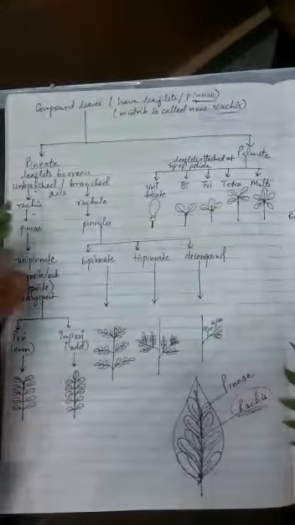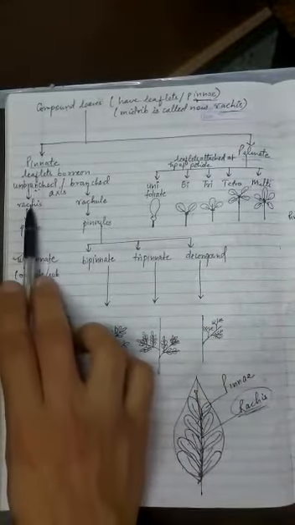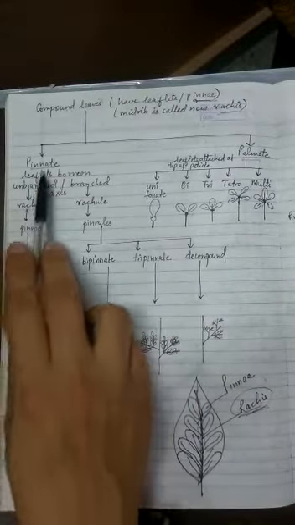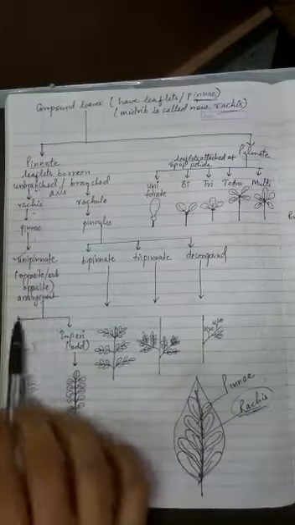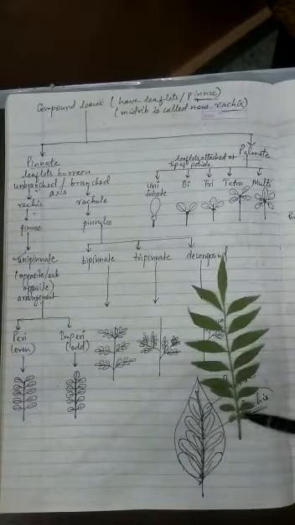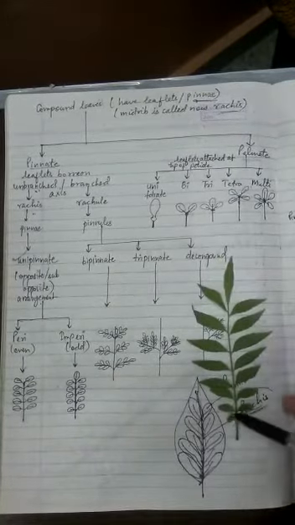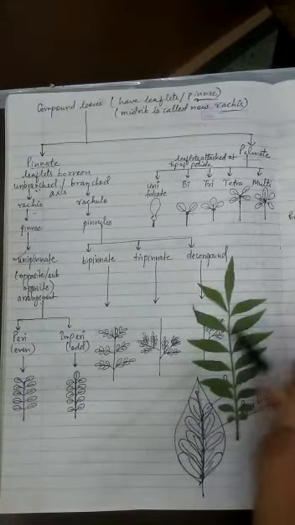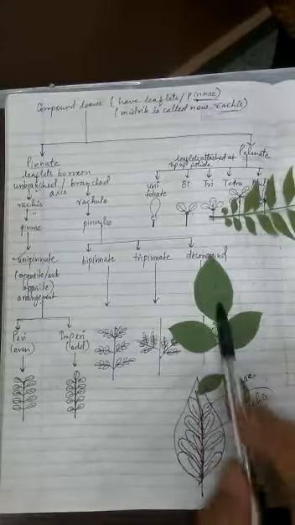Let me give you the understanding, it's very easy. When the pinnae are attached to an undivided rachis, it is called unipinnate. Then another category is possible. Unipinnate can be of two types, paripinnate and imparipinnate. Now when you count the number of leaflets, you will find this is an odd one. All are even. This is the odd one. In this case also an odd one.